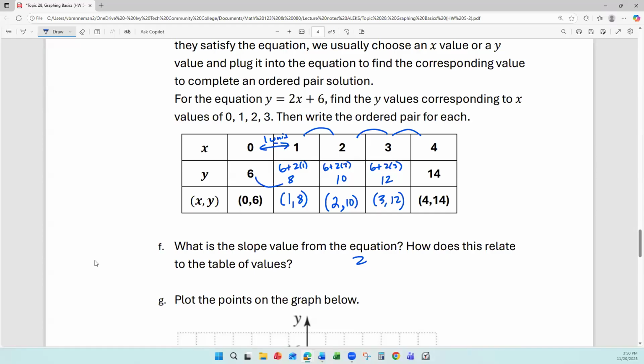And if we look at the y values, as x is counting by ones, y is counting by 2.